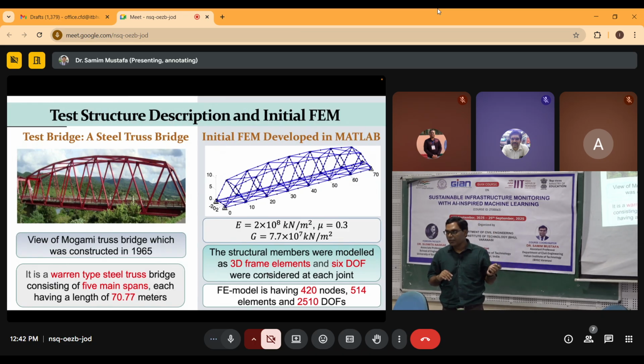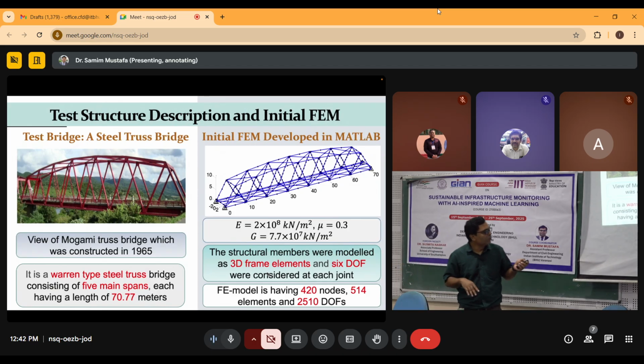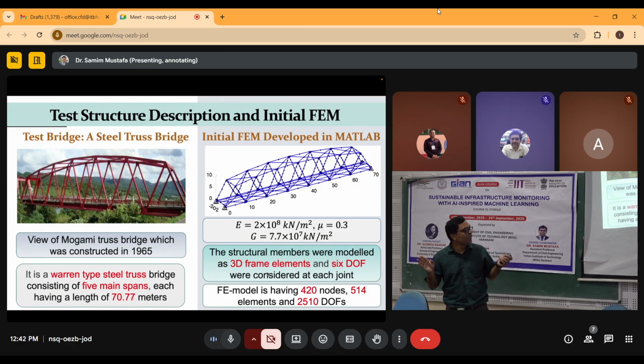You just write the coordinates of each node, then the connectivity of the members, and plot it in 3 dimensions. You can easily get this model, form the K matrix and A matrix, and your fundamental model is complete.